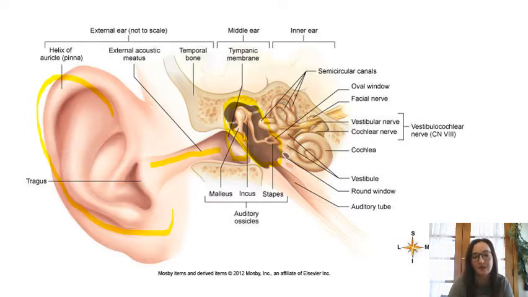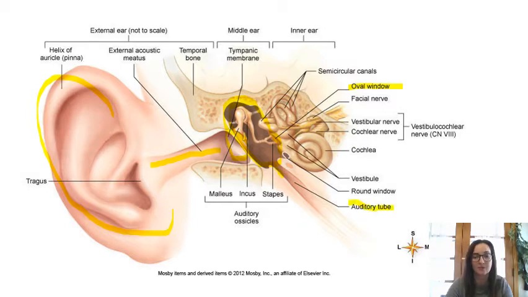And on the other side of the stapes, we have a structure called the oval window. So the oval window is the other side of the middle ear. The middle ear begins at the tympanic membrane and ends at the oval window. And in between those two structures are your three ossicles, the malleus, incus, and stapes. Also connected to the middle ear here is the auditory tube, sometimes called the eustachian tube.